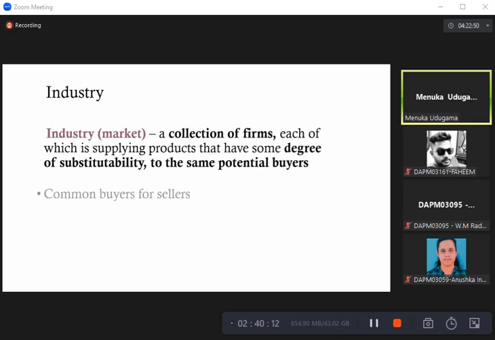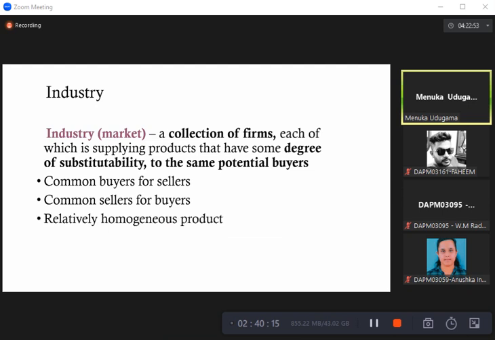What do we mean by the term industry? An industry is a collection of firms, each of which supplies products that have some degree of substitutability to the same potential buyers.